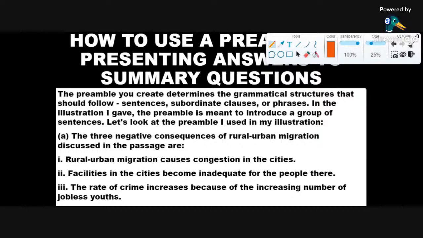So we want to look at the issue raised in Boseman's comment. The question to ask is, is it wrong to use a preamble to introduce a group of sentences? That is what we want to look at. All right. Now let's look at the preamble I used in my illustration.